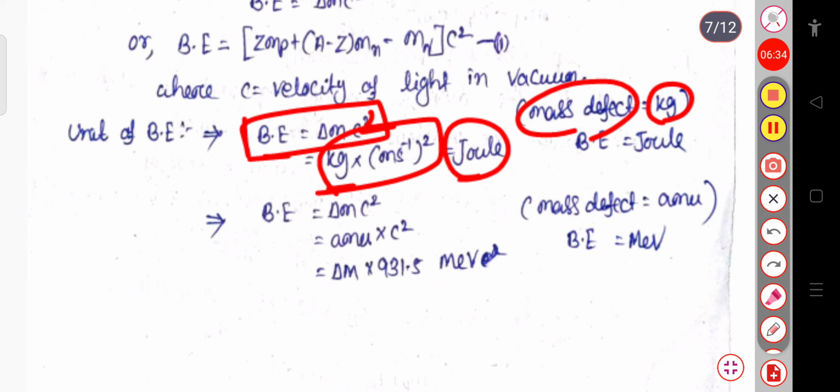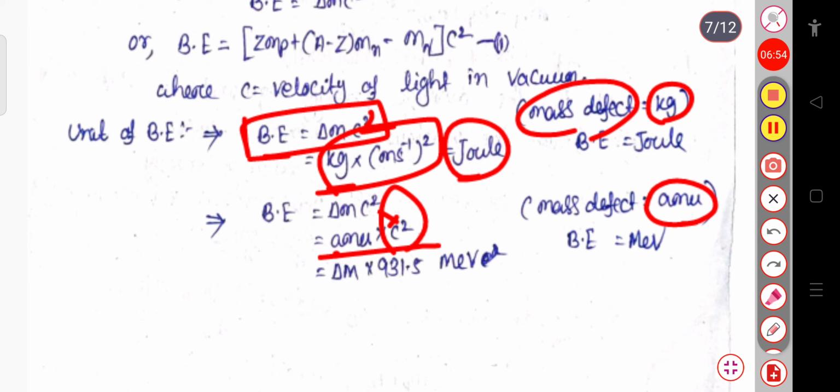Now if I consider the mass defect in terms of AMU, the atomic mass unit, then this will be AMU into c².